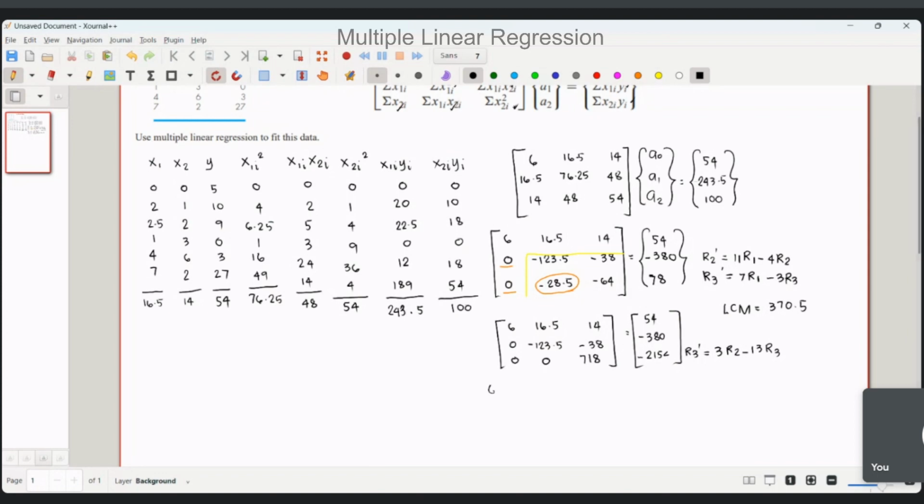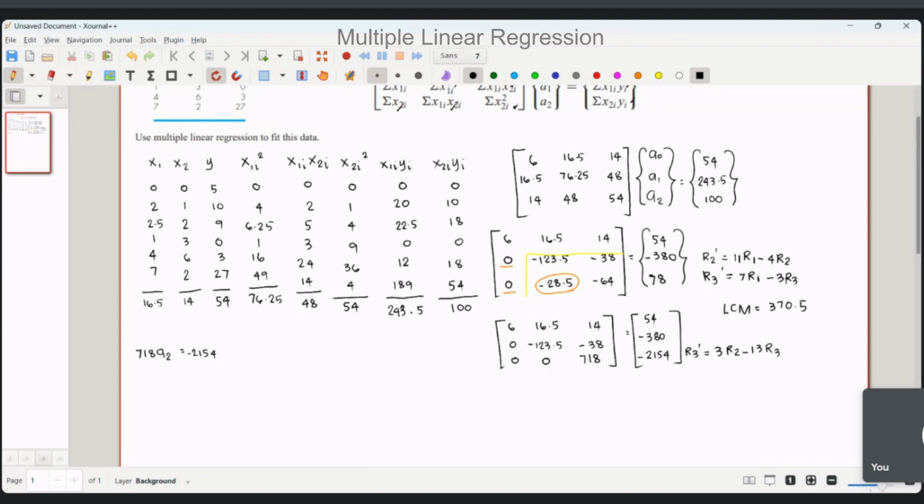So we can do this: 718 A2 equal to negative 2154.